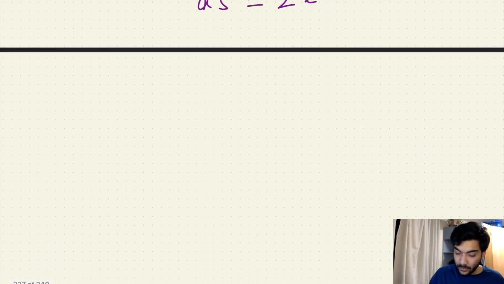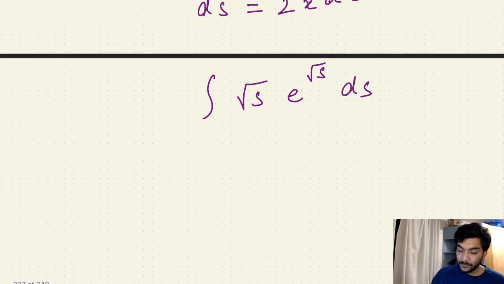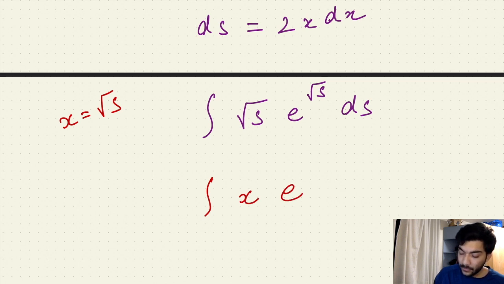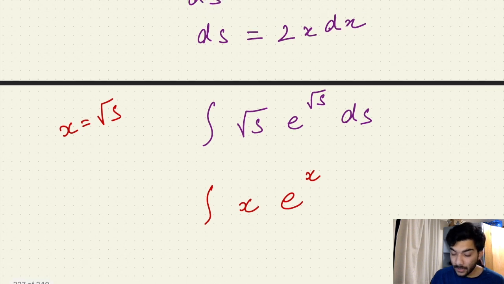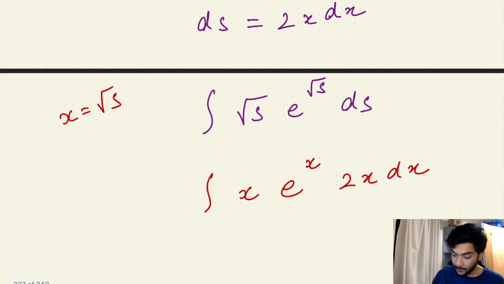So now let's first write the original expression over here. So you have to calculate the integral of root s times e to the power root s ds in this case. And now since we assumed our root s to be simply x, we'll write this as root s will be changed to x, e to the power root s will be changed to e to the power x, ds will be changed to 2x dx in this case, right?